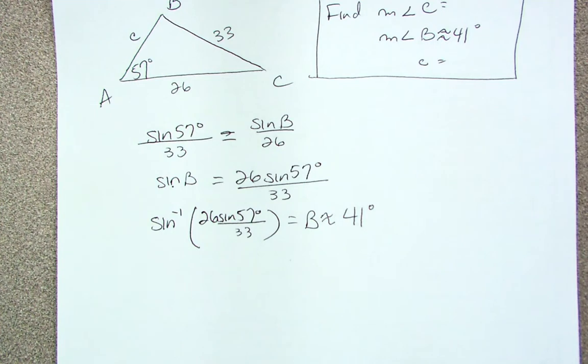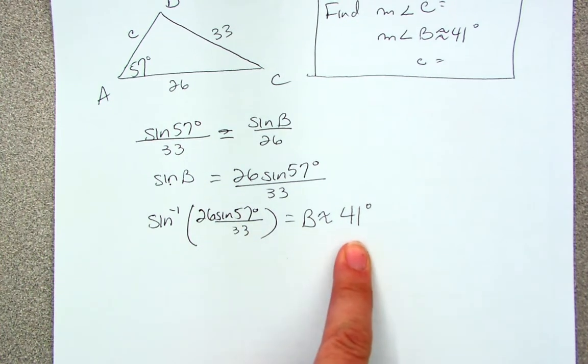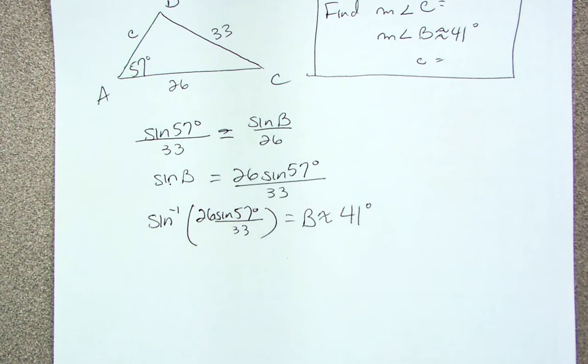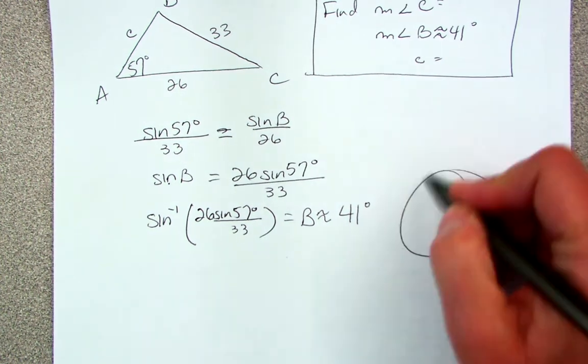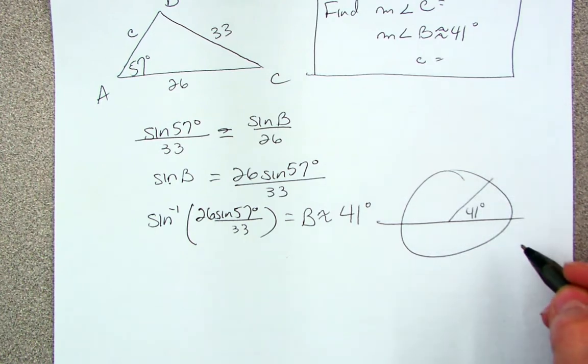Which other quadrant is sine positive? For that ratio, I could get 41 degrees, which is my legal answer with the inverse, but which other angle could it be?